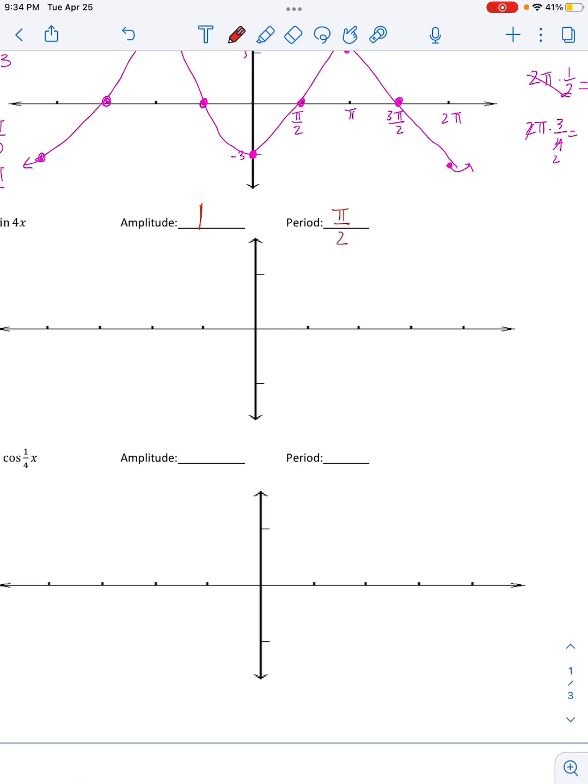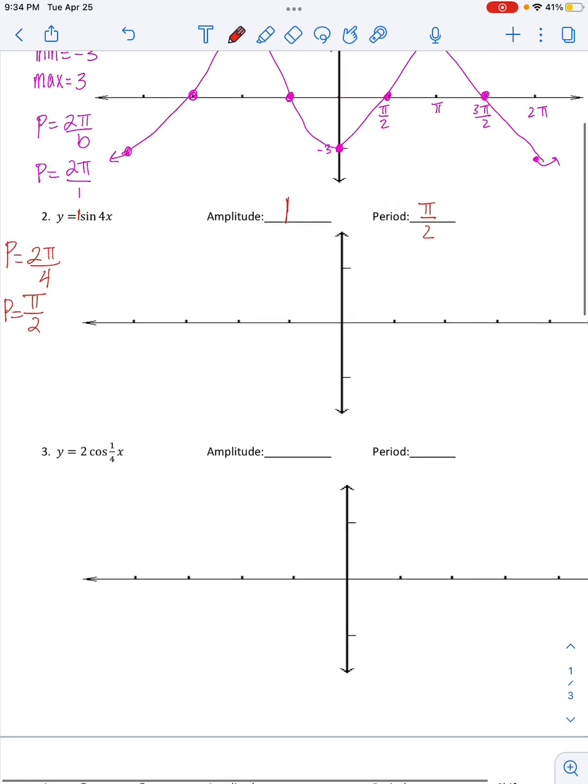Okay, so now we know that our maximum is again going to come from our amplitude because there is no c value. So our maximum is 1. Our minimum is -1. Our midline is at 0. So our midline is at y equals 0.